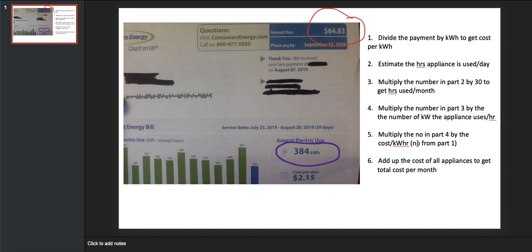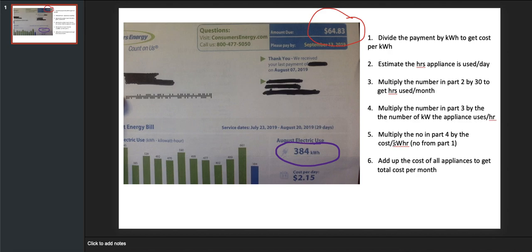When you get that number, you multiply by the cost per kilowatt hour that we found under step 1. So find number 4, then you multiply it by the first number, and you get the total cost for each appliance.